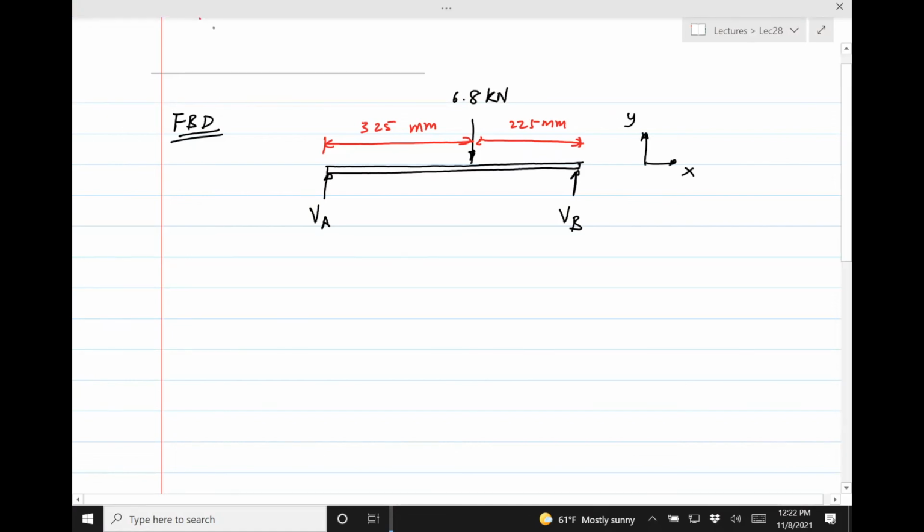Okay, now there's an exercise we need to do to find what the reactions are. So we're trying to find the moment at B, right?